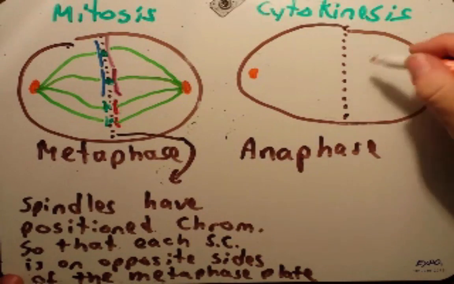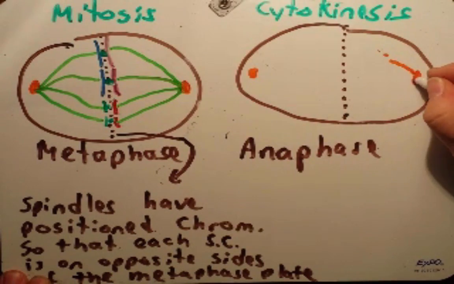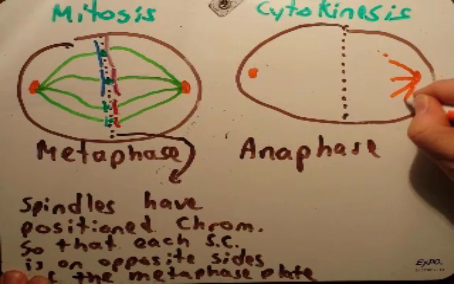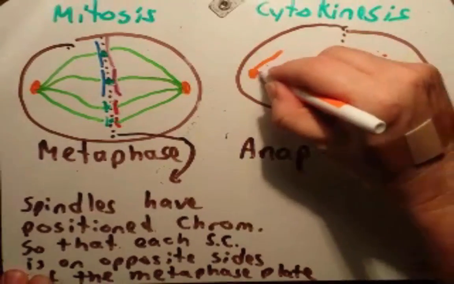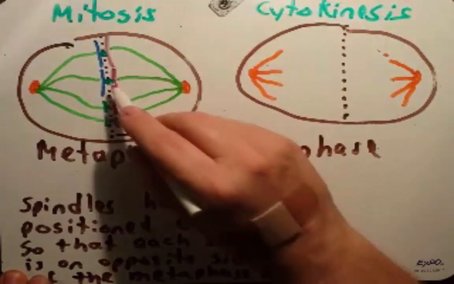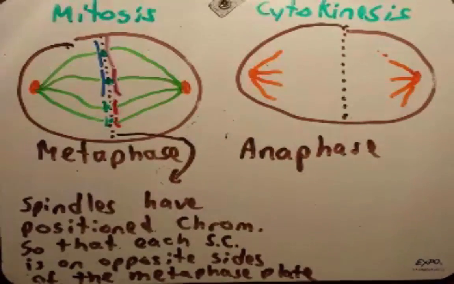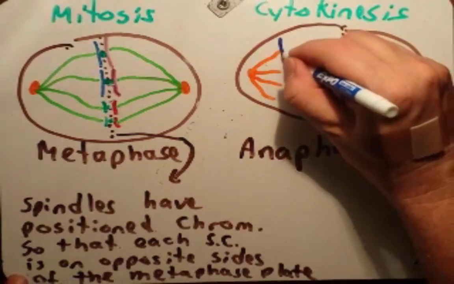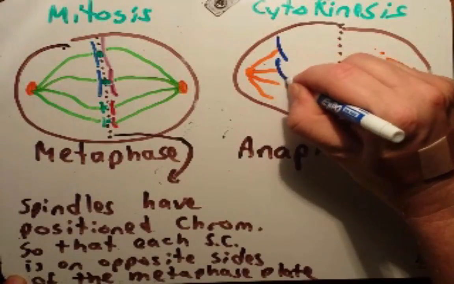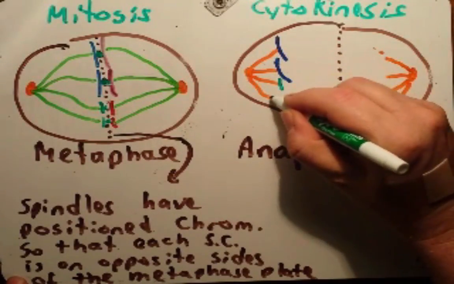But these spindles begin to shrink. And remember, over here, they're attached to each of these sister chromatids. And as they shrink, they pull those sister chromatids apart from each other, such that you have the one here, and the shorter chromosomes here.